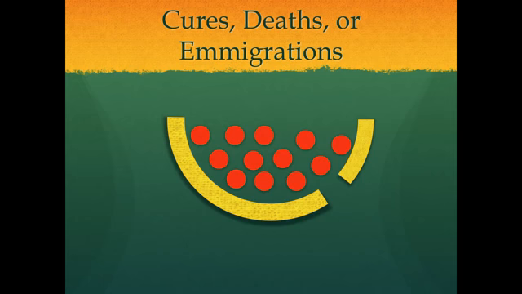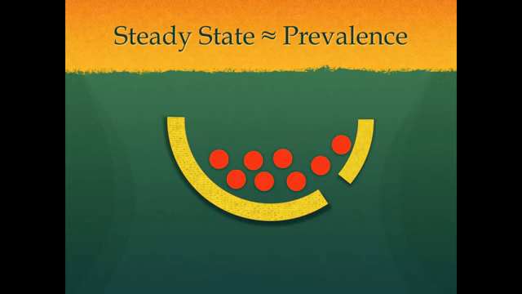Likewise, once there are cases, they can leave the population through cure of the illness, death, or emigration out of the population. If the incoming cases and outgoing cases reach equilibrium, you can approximate the prevalence.